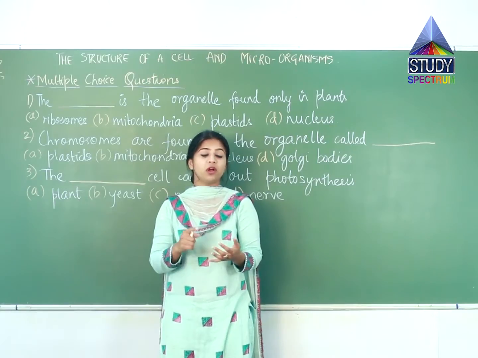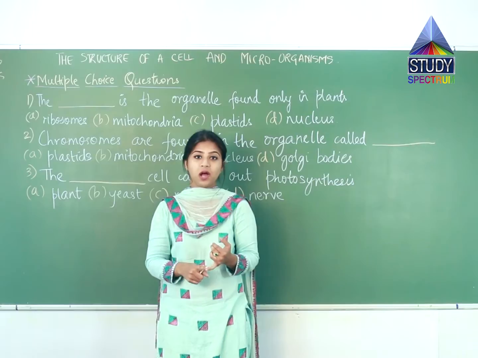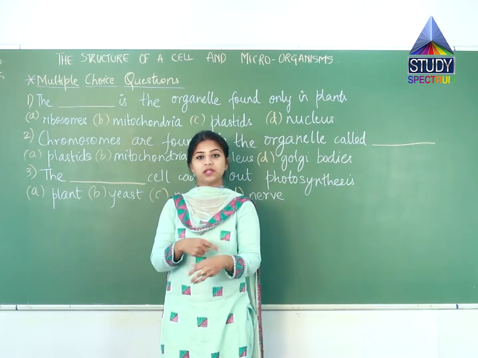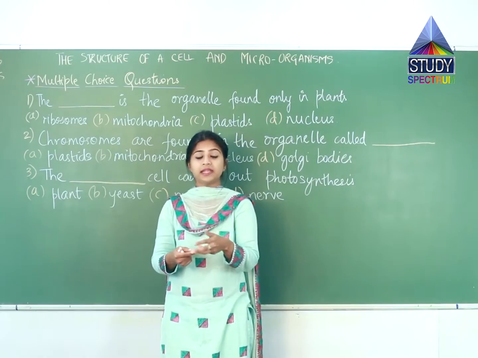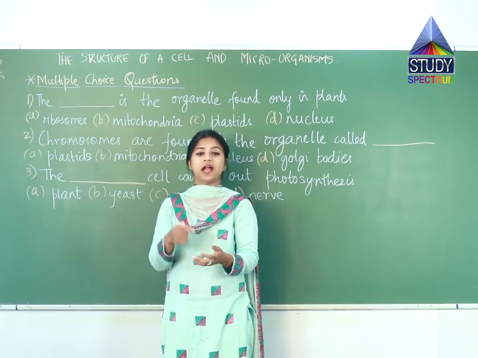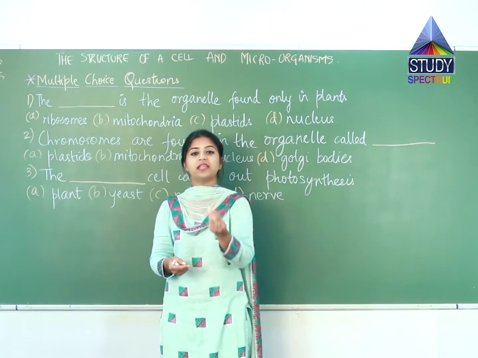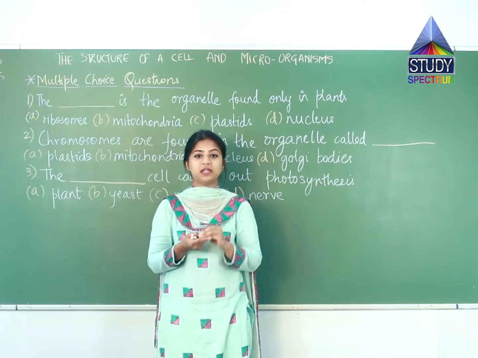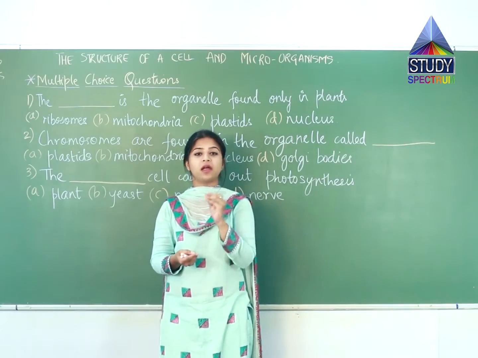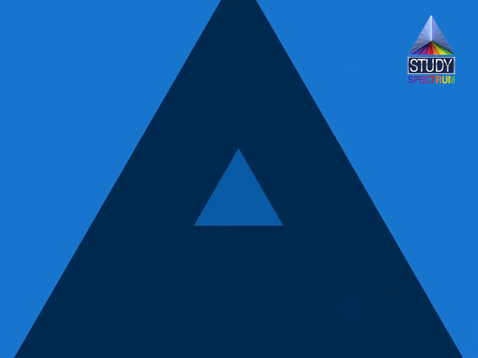Then we learned about mitochondria. We learned that mitochondria was known as the powerhouse of the cell, and it was responsible for making ATP. Now this ATP was made when the food material that was consumed by the organism was broken down and a chemical substance named adenosine triphosphate, that is ATP, was produced and utilized for the cellular activities.